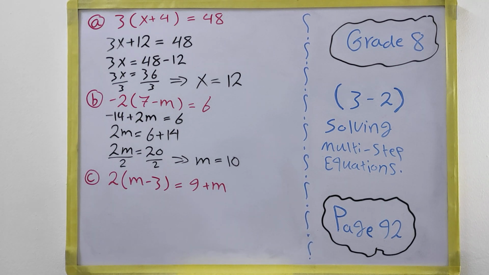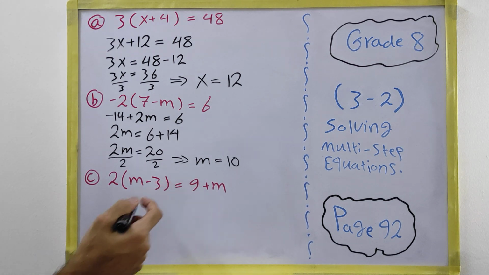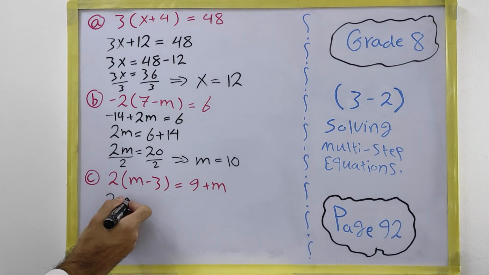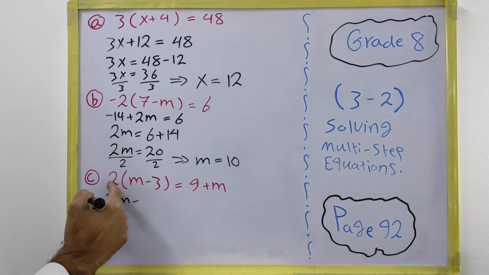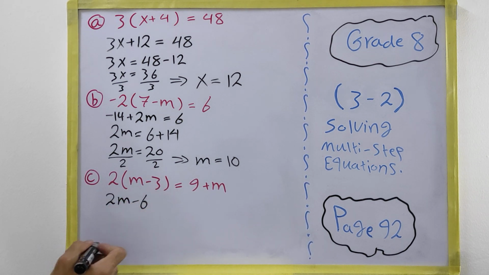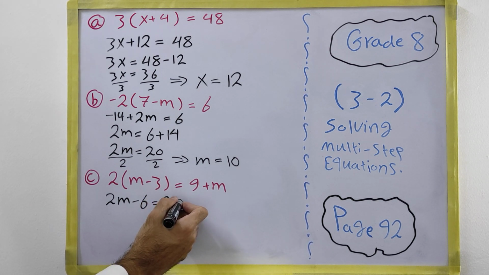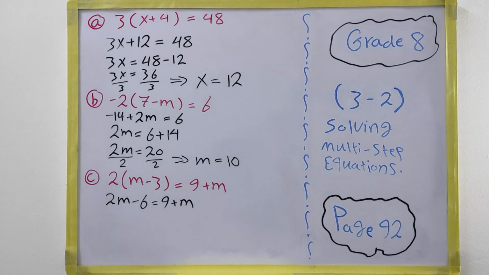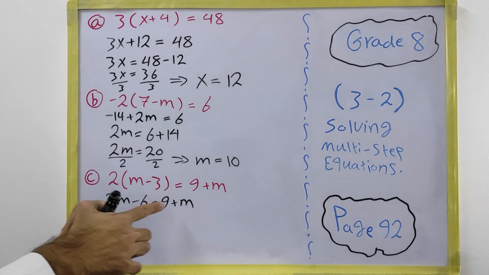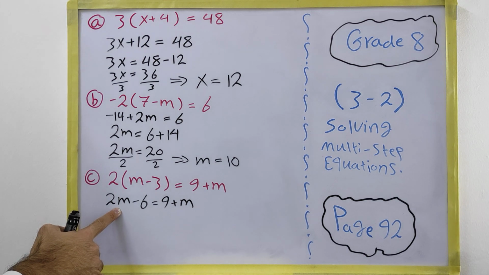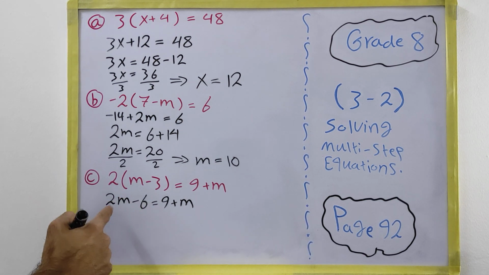The other one: 2 multiplied by m minus 3 equals 9 plus m. Again, we multiply by the bracket, which gives 2m minus 6 equals 9 plus m. We bring the unknown values, which are m, to one side, and the numbers to the other side.